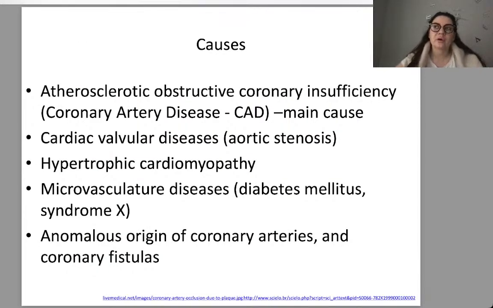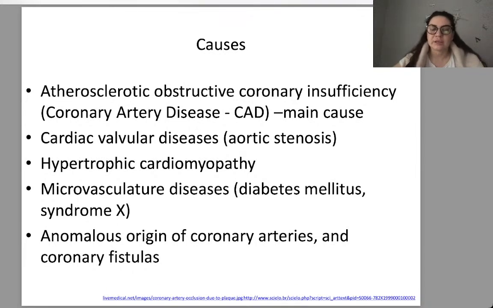Causes of coronary insufficiency. The first one and the most frequent, which I told you, is atherosclerotic obstructive coronary insufficiency, or what we named coronary artery disease. It is the main cause of 90% of all coronary insufficiencies.